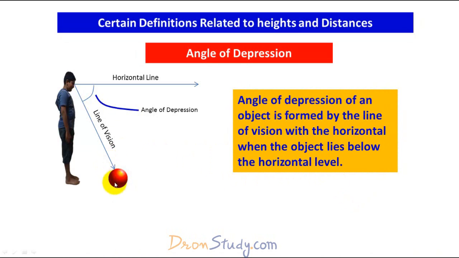So when the object lies below the horizontal line, then the angle formed by the horizontal line and the line of vision is called the angle of depression.